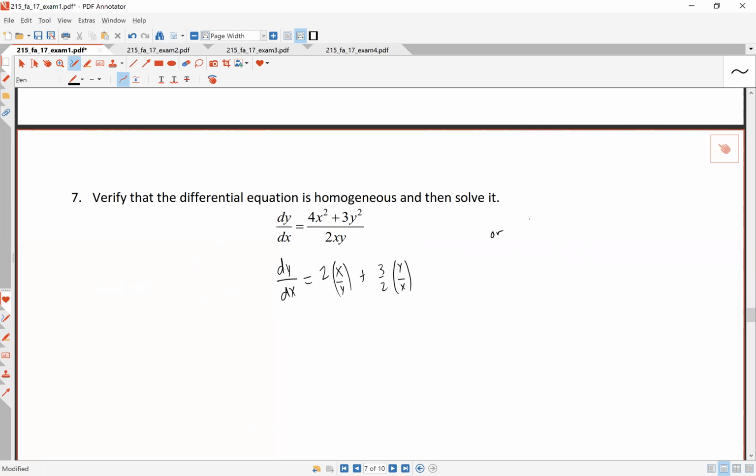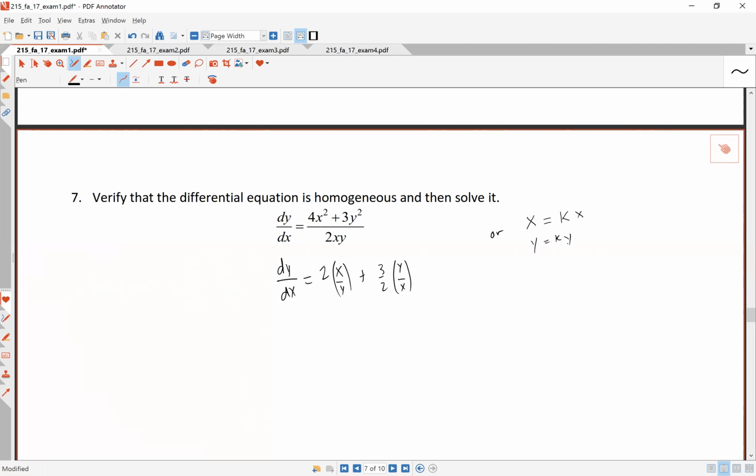Or you can set x equal to some constant times x and y some constant times y.